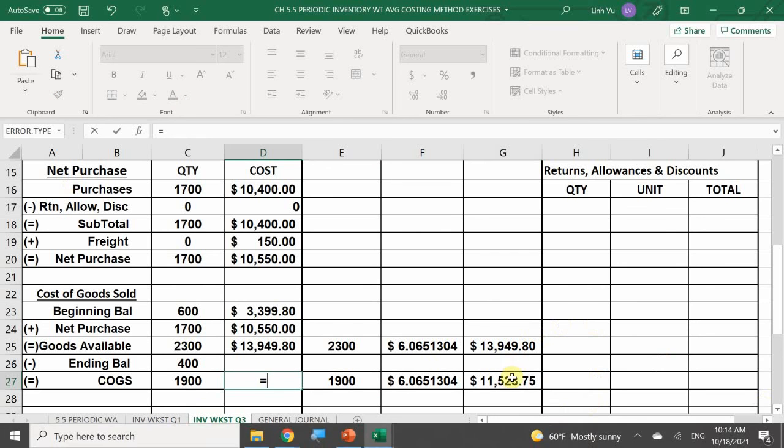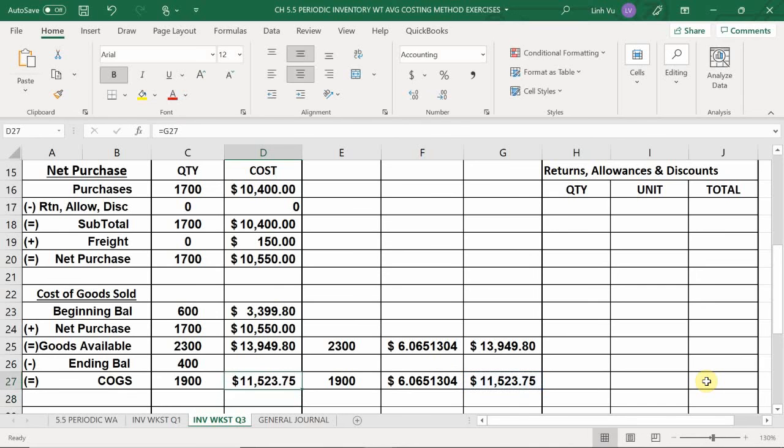Okay, so if that's my total cost of goods sold, what is my ending inventory? 2,426 and 4 cents. 2,426.05. Good. Okay.